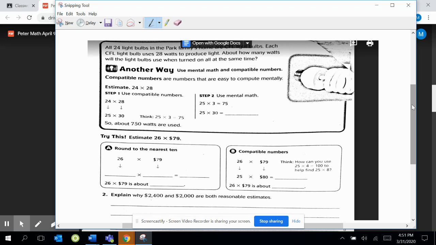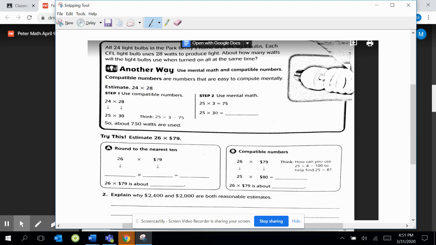Okay, so to figure out this problem, we're going to do 24 times 28. And last time we estimated. And this time we're going to use compatible numbers to help us figure it out.